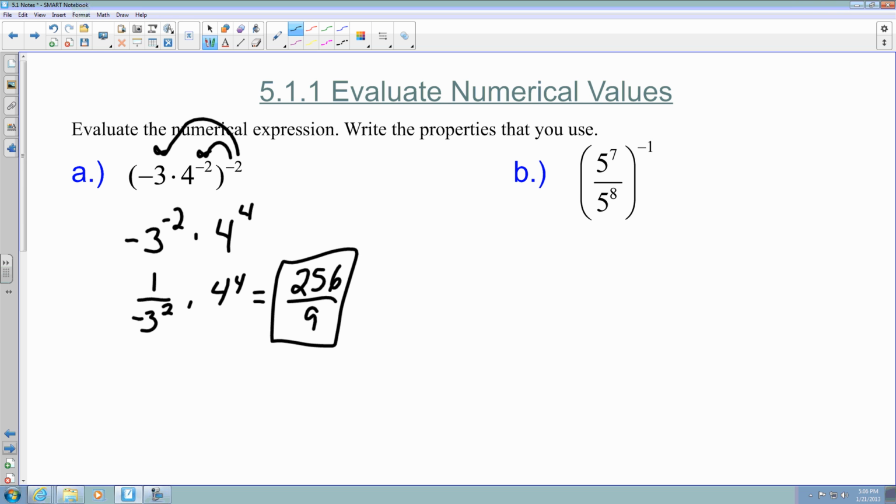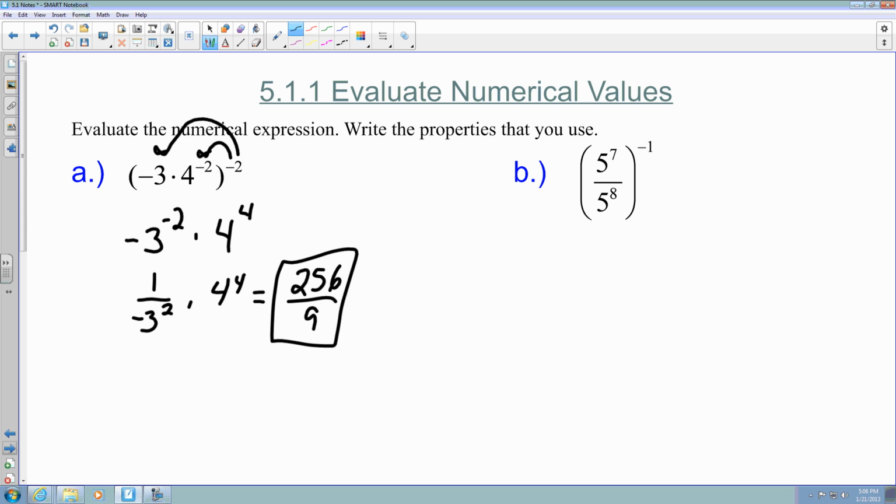Okay? For b, I have 5 to the 7th power divided by 5 to the 8th power, all of which is to the negative 1 power. So first off, I'm going to use the power of a quotient, and I'm going to attach that negative 1 to both of my values.